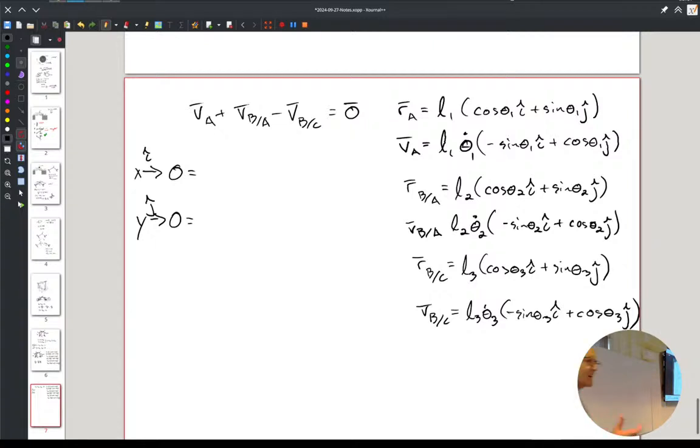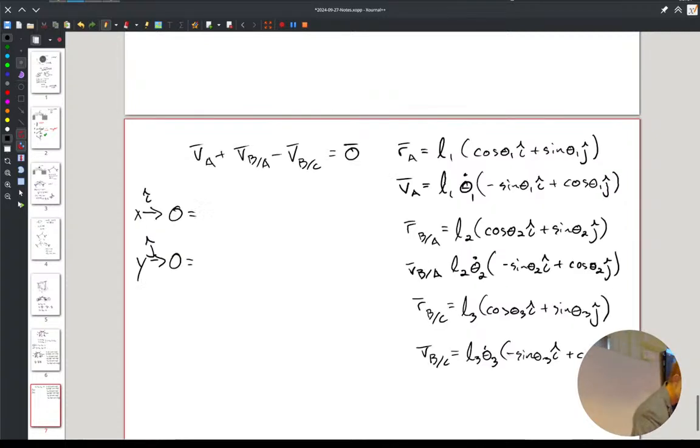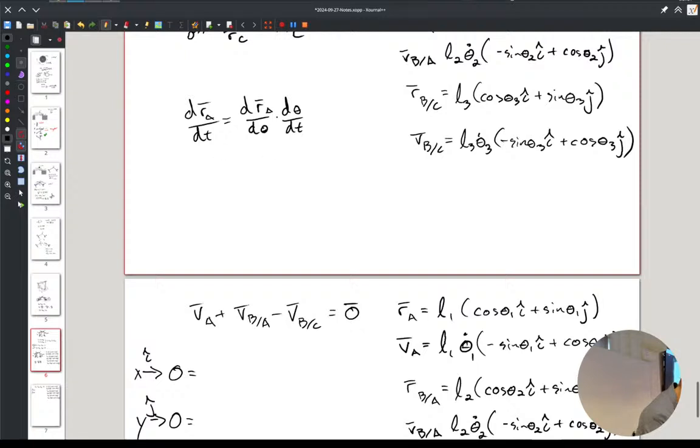Have you used that dot notation before? Have you seen that, putting dots on stuff? Okay, it's okay if you haven't. I saw some head nods, but the dot is just the shorthand way of showing d over dt. So if I want to say theta dot, it's saying d theta/dt.